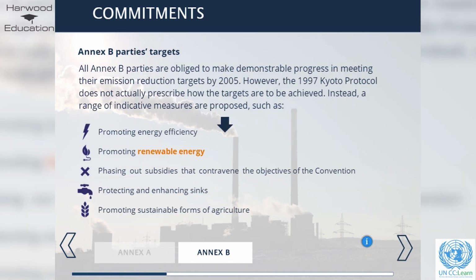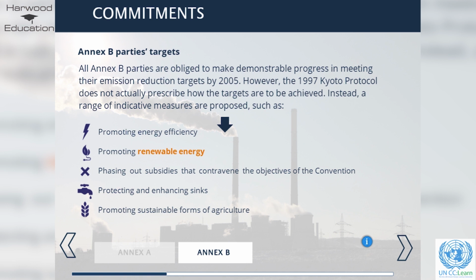Annex B parties' targets. All Annex B parties are obliged to make demonstrable progress in meeting their emission reduction targets by 2005. However, the 1997 Kyoto Protocol does not actually prescribe how the targets are to be achieved.